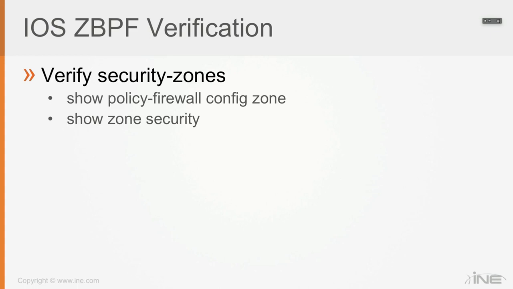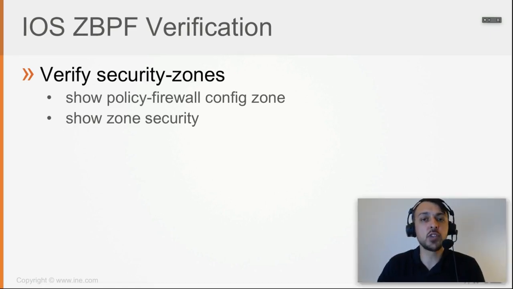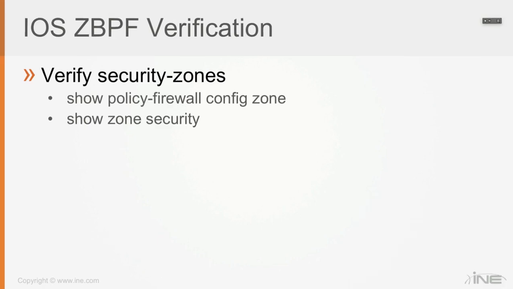And also, since we're here, always look at the command and try to understand if the command makes sense, because it does. If we configure zone-based policy firewall and we want to verify the zones, then the command is show me the policy firewall config for the zone. It's very simple, very intuitive. Or show zone security, the old command.